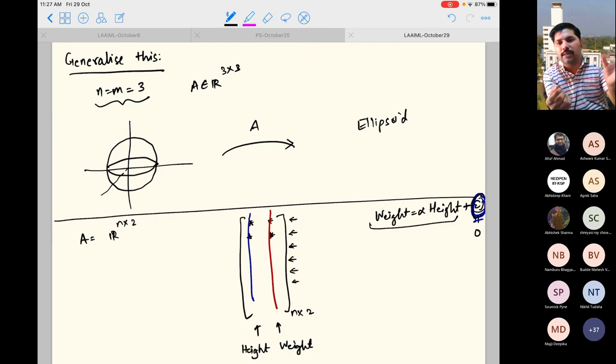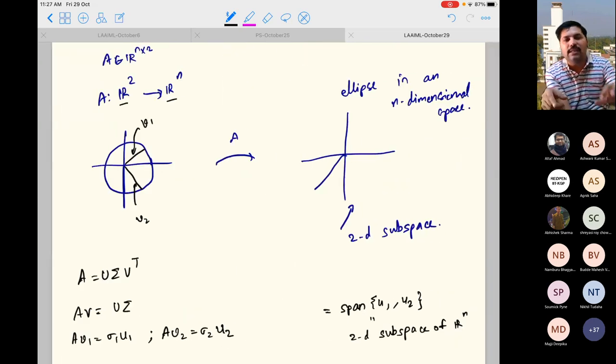If the condition number is really very high, then the columns are almost linearly dependent. We had actually proved that. So here also, if the columns are almost linearly dependent, the condition number is very high. What does that mean? When this circle gets transformed into an ellipse in this two-dimensional subspace of Rn, the ellipse is almost degenerate, almost like a line segment.